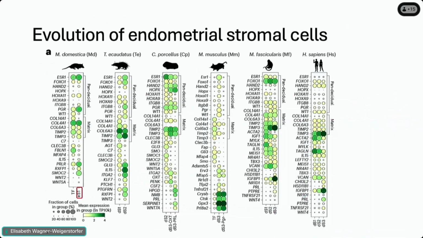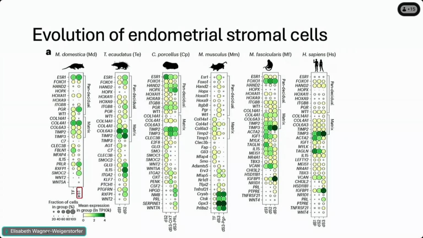So here is what we see similarly in comparison in the opossum. We've identified two fibroblast-like populations. TF is tissue fibroblast, so that's probably just a normal fibroblast that makes collagen, but they do have an endometrial fibroblast that is different from the tissue fibroblast, and that is also homologous to the others.